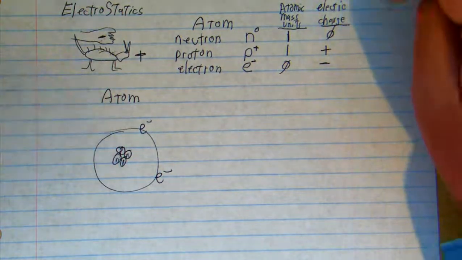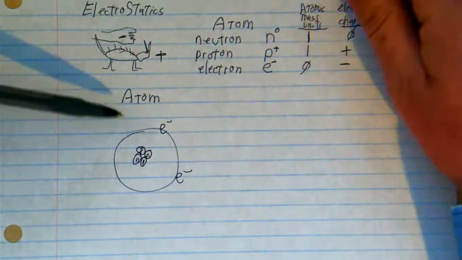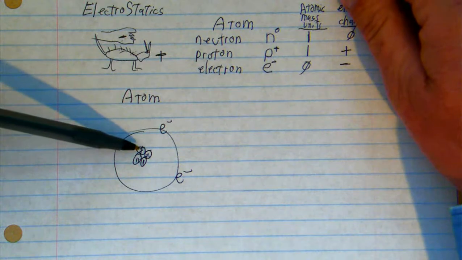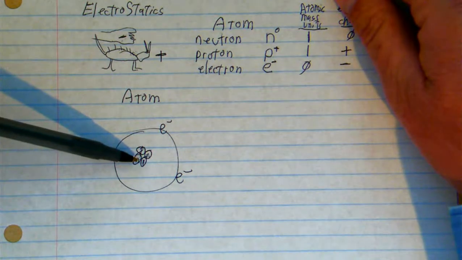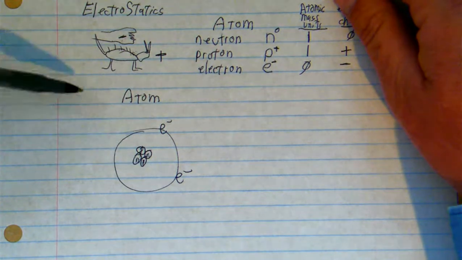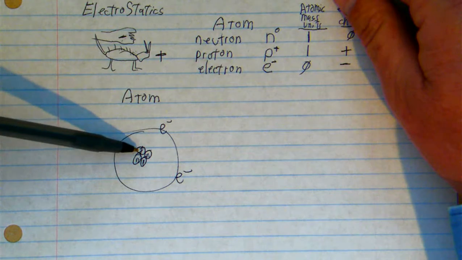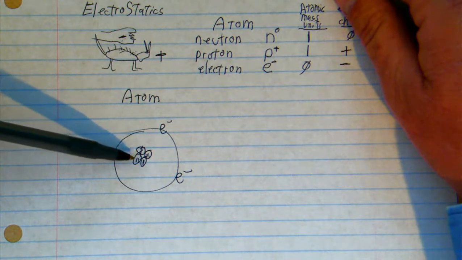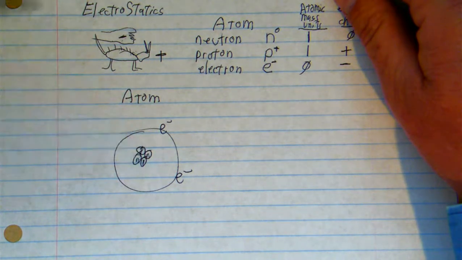My point is going to be this. The protons are stuck in the nucleus of an atom. They cannot be moved in or out of the nucleus by ordinary chemical means.